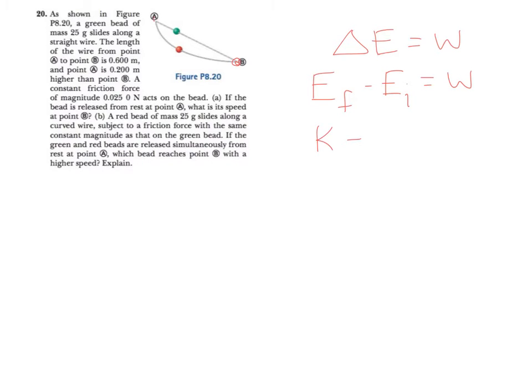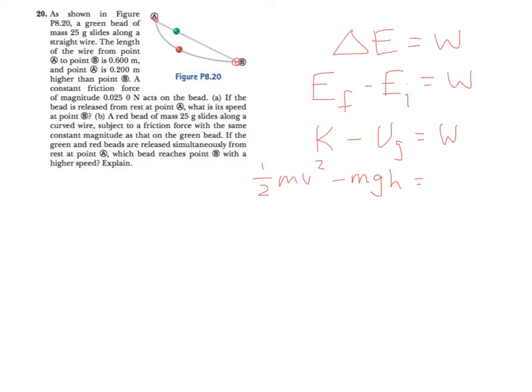The initial energy: it says it's released from rest, so that means we've got mgh going on. We've got some gravitational potential energy. And then there's going to be work done by friction. All right, kinetic energy, 1/2 mv squared. Gravitational potential energy, mgh.